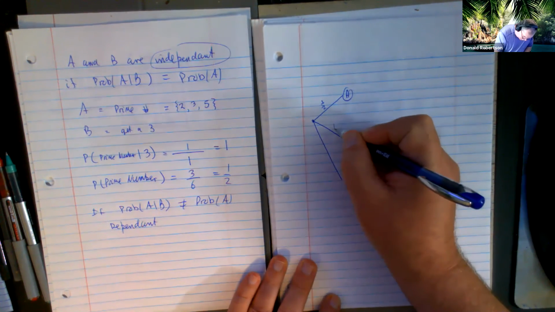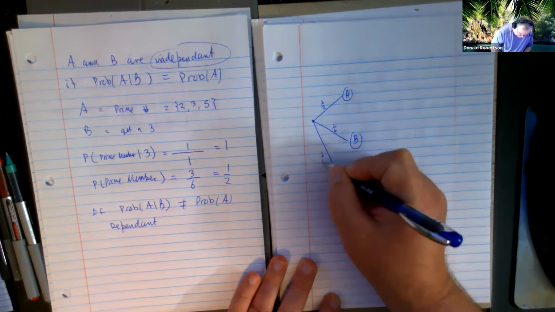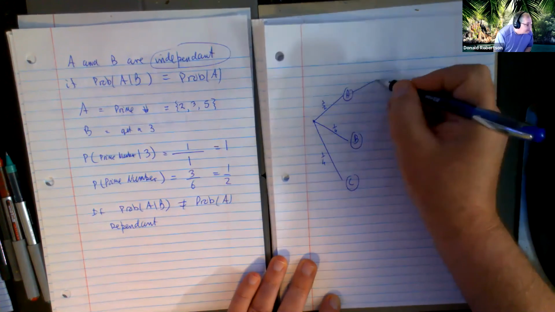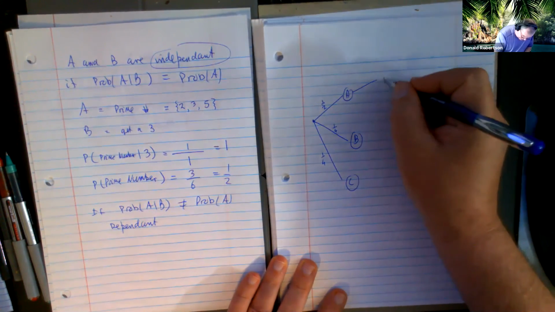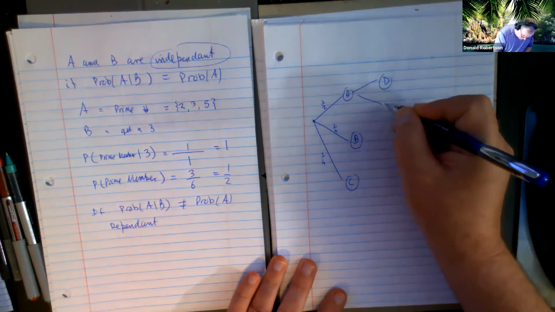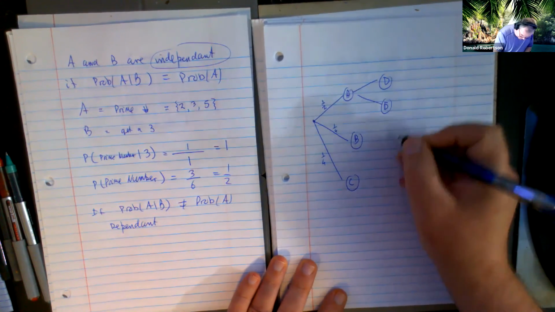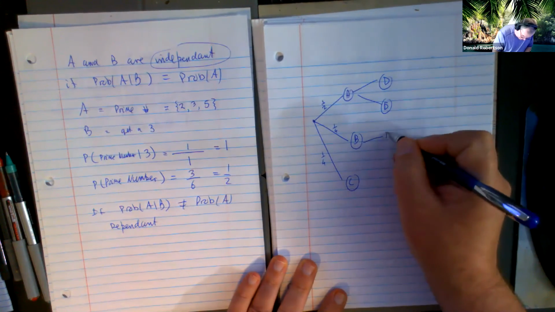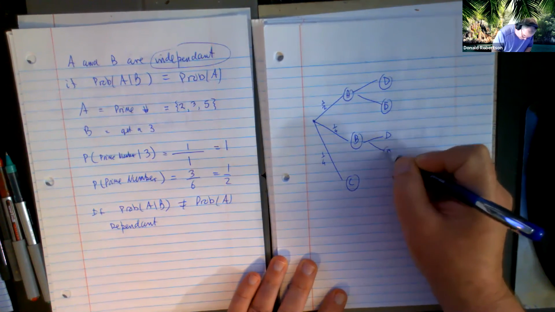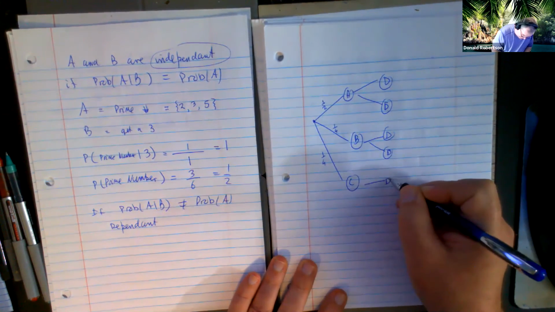This happens a quarter of the time. This happens a quarter of the time. And A could be D or not D. So it could be yes and no. Yes, no, yes, and no.